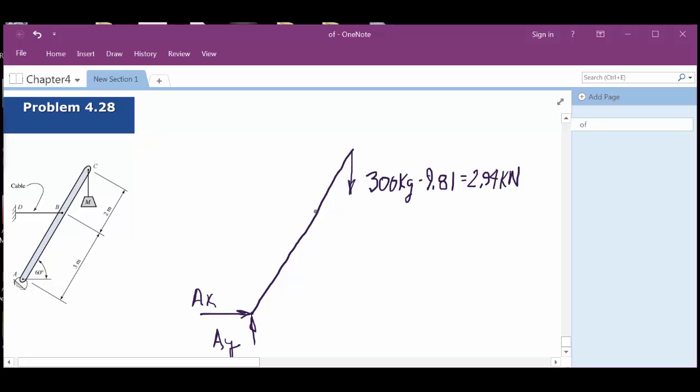Then we had the cable, and that cable is in tension. Why are we following with the 9.81? Well, if you're given a mass, it has to be turned into a weight, right? If you're given mass, which is kilograms, you really need to have it changed over into kilonewtons.